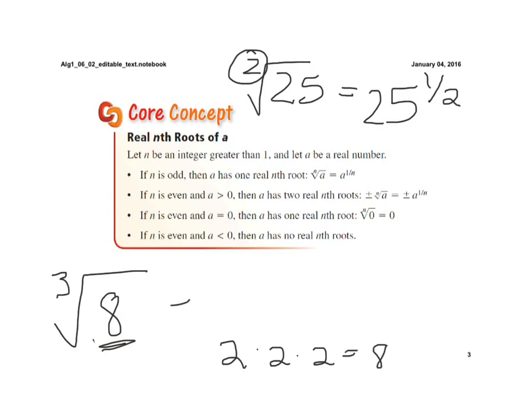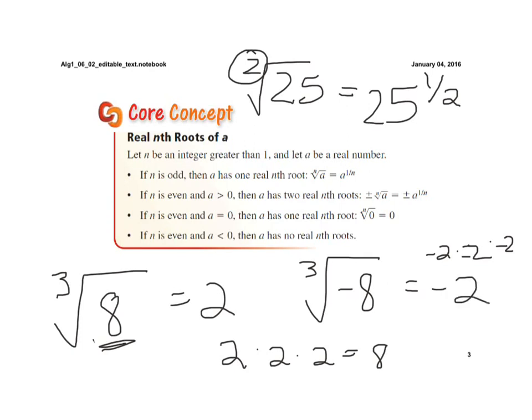And in this case, only 2 is that answer. And if a is a negative number, let's say it's the cube root of negative 8, well, what number times itself gives me a negative 8? Well, only negative 2 times negative 2 times negative 2 can equal a negative 8. So the cube root of negative 8 is only negative 2.